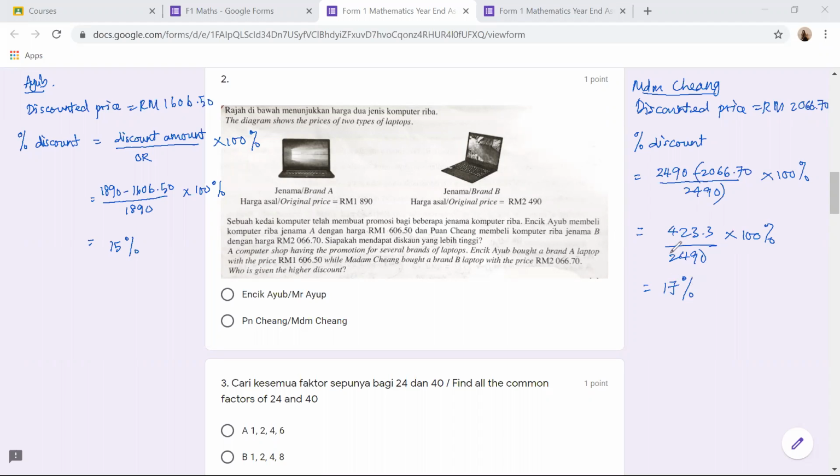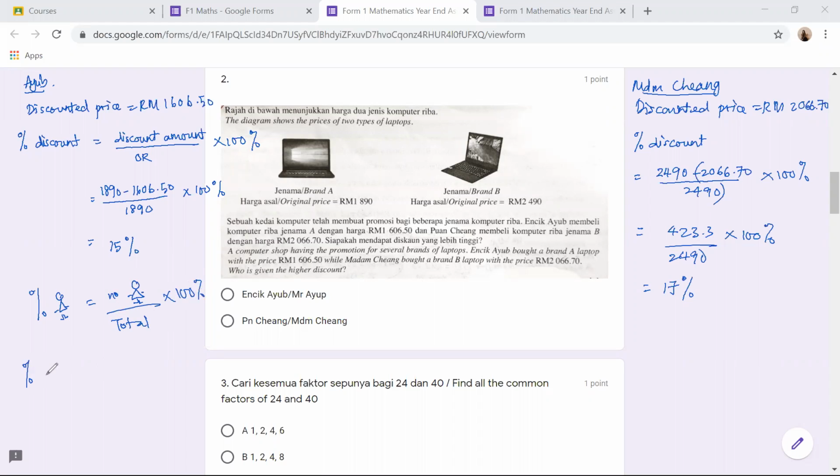So this is how we calculate. Whatever percentage they want us to find, let's say the percentage of the girls in a class, you just take the number of girls in the class over the total and then times 100%.